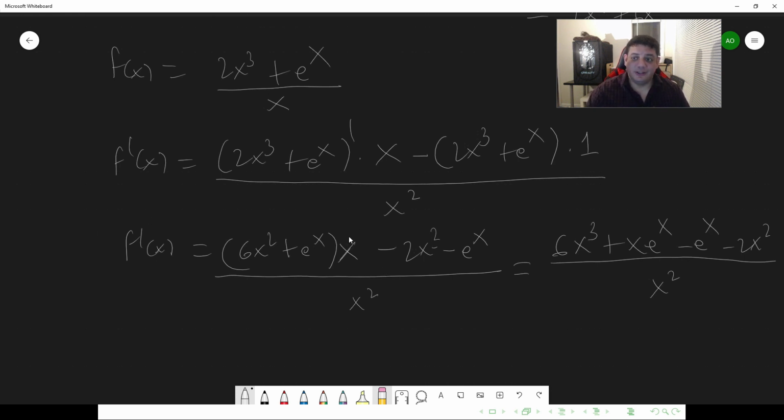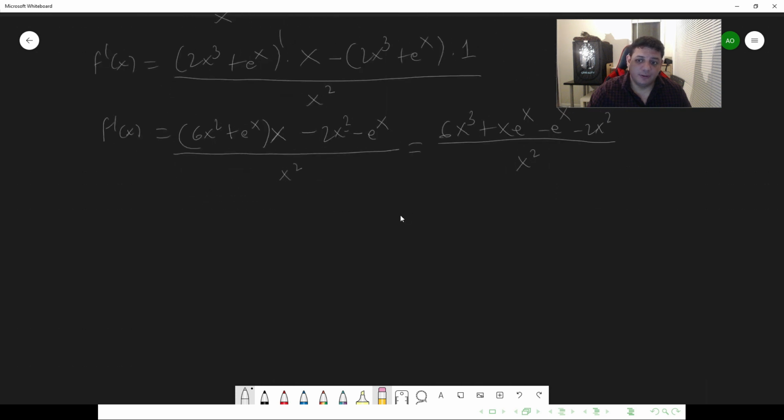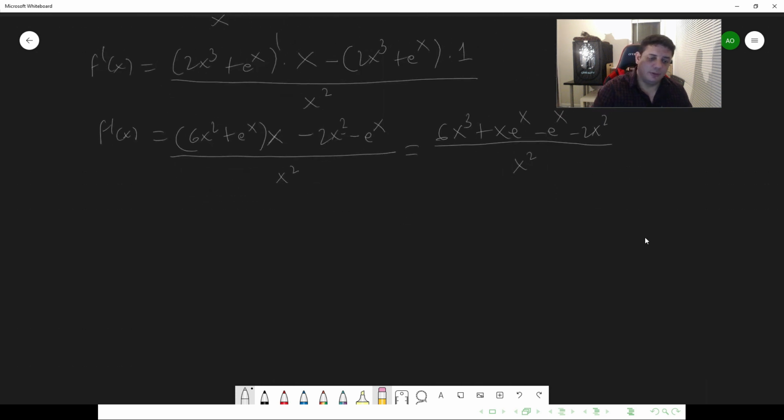Of course, you can take higher order derivatives for a function like this. You can still take the derivative of this function, and that's going to be a very long derivative. So let me give you a small idea of how that will be.